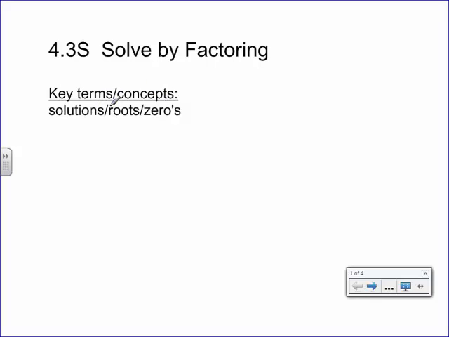All three things mean the same thing, and different books at times may use one or more of these terms. But understand, if they say find the solutions or the roots or the zeros of a function, these three things are the same. And solving by factoring is the preferred way to solve. It's probably the easiest. We'll learn a couple other methods.